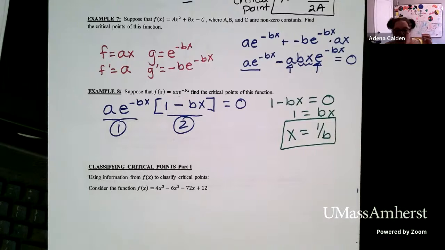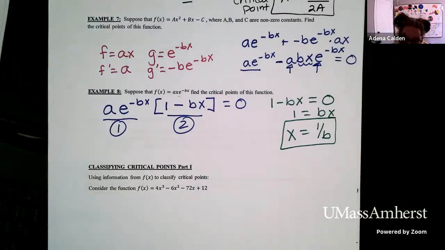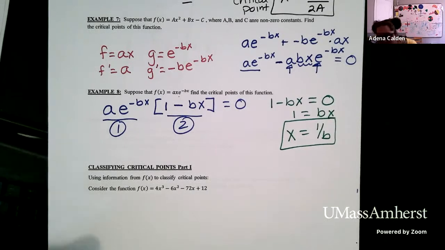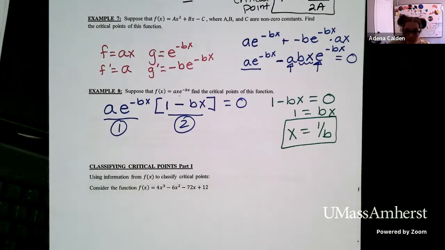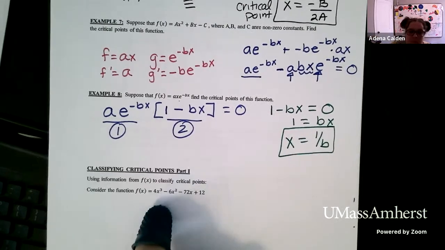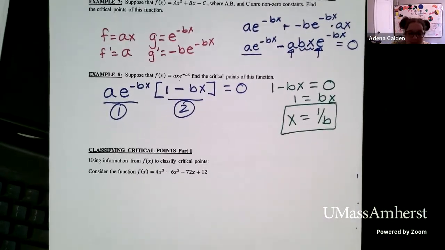And then once we have the critical points, we're going to look at a graph of the original function and use that to help us understand whether our critical points are local maximums or local minimums. So if you have the notes printed out, the graph is on the next page. If you don't have the notes printed out, we'll look at the graph together. But I want you to take 2 minutes and find the critical points of this function, and then we'll take the time to learn how to classify them. Okay, so take 2 minutes, and then we will go through it together.